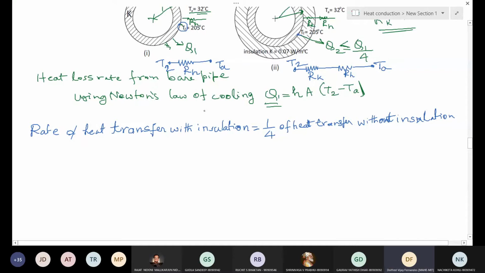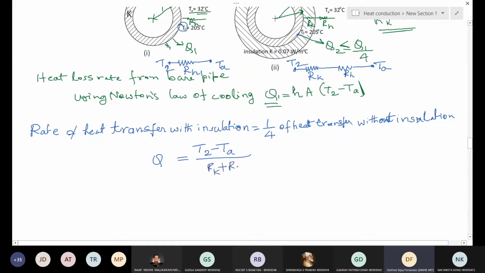Okay, so if you write the rate of heat transfer with insulation, I have to write two resistances, that is T2 minus TA divided by RH plus RK plus RH.